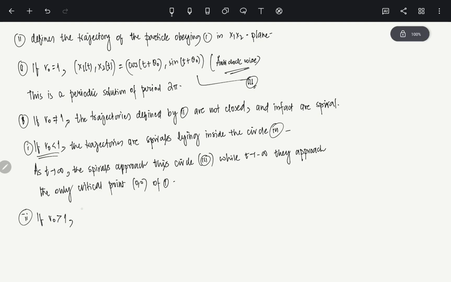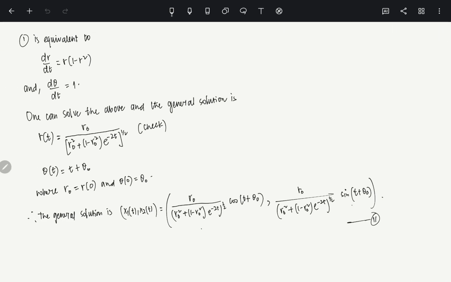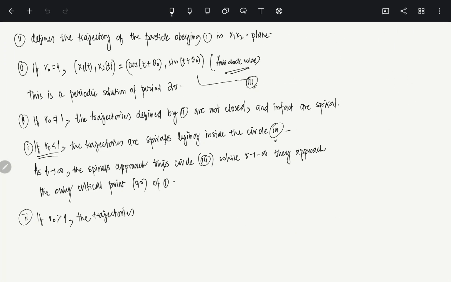So if r naught is greater than 1, then the coefficient will be greater than 1, these coefficients, and in that case the trajectories will lie outside the circle. I hope this is clear.